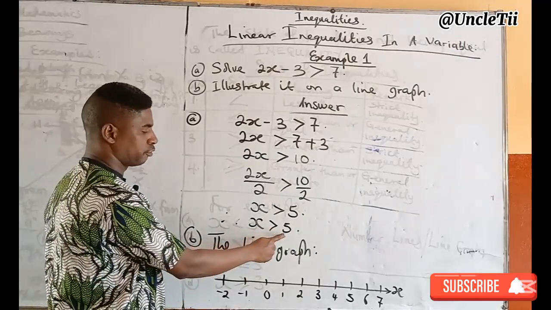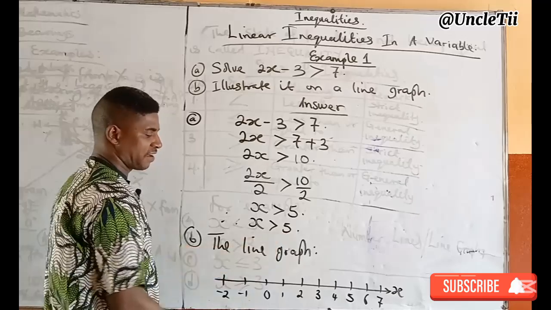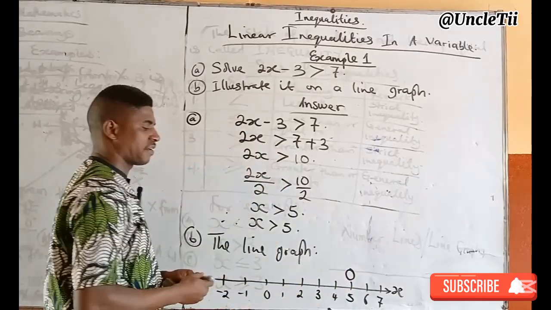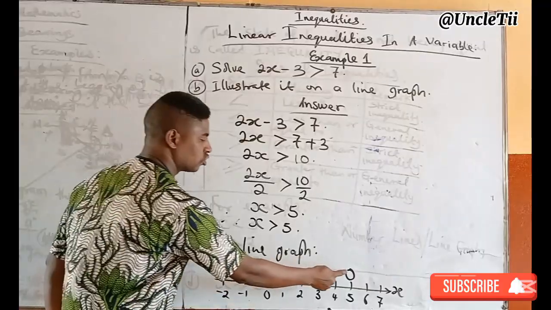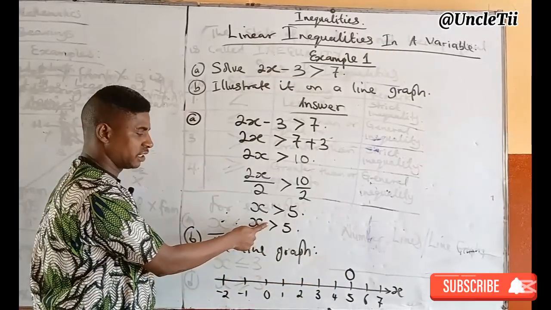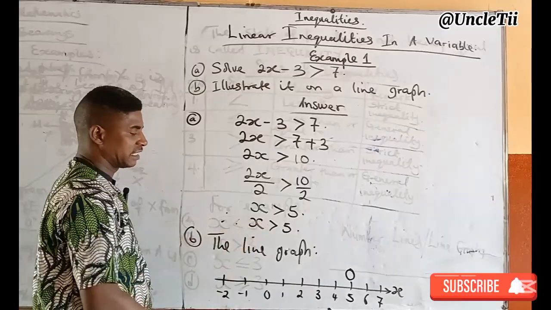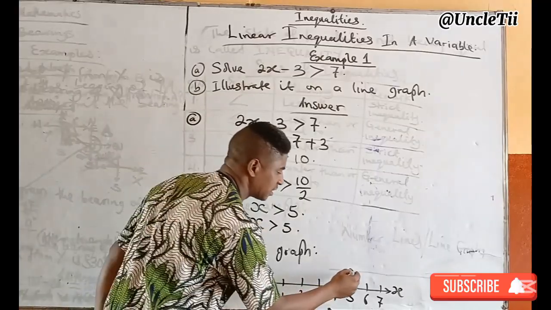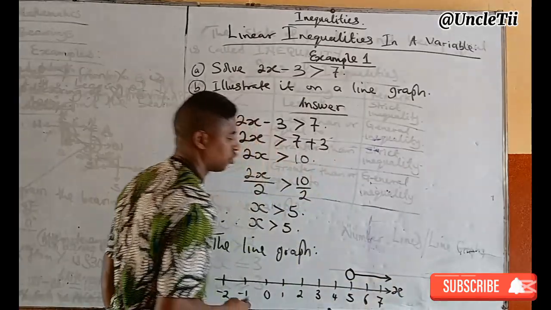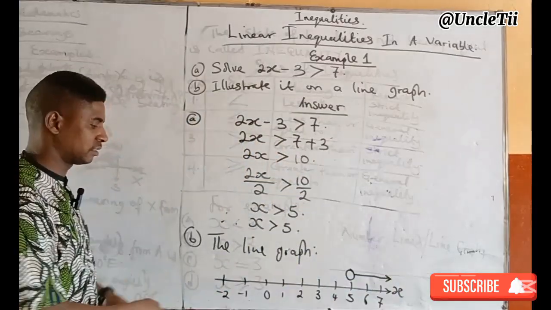Now, the boot of the arrow will sit on 5. Here is 5. It will sit on 5. It won't be shaded because greater than is a strict inequality. And finally, greater than faces the right. So the arrow will face the right as long or short as we want.